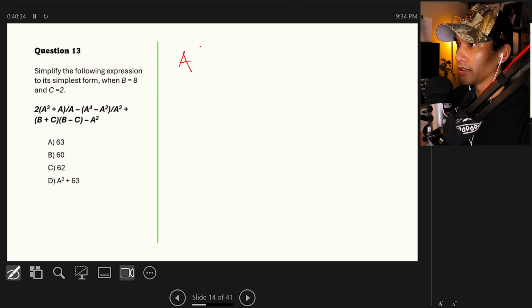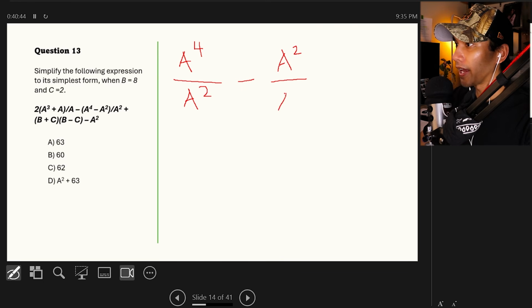A to the fourth over a squared, minus a squared over a squared. Again, a^4 over a^2 equals a squared, since 4 minus 2 is 2.